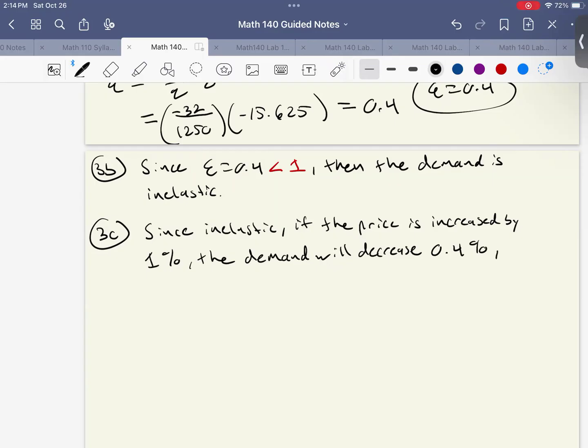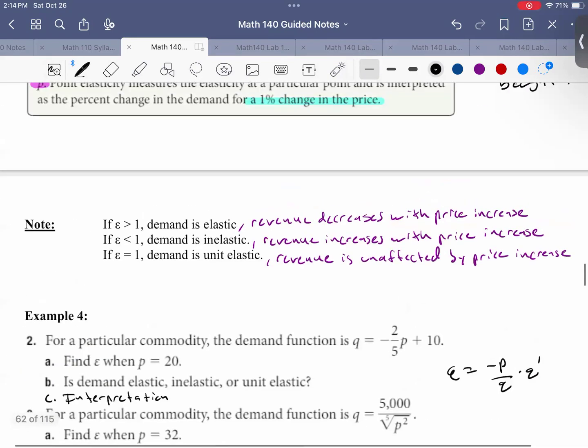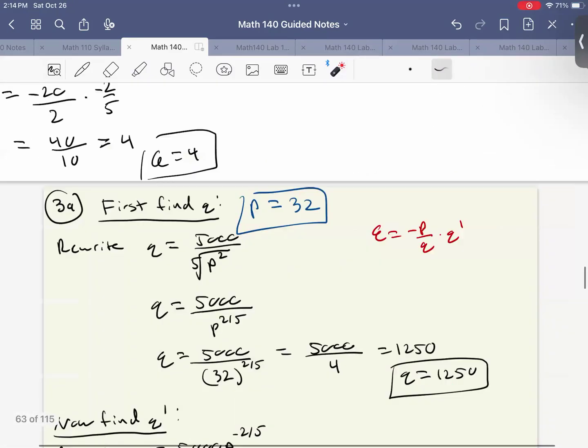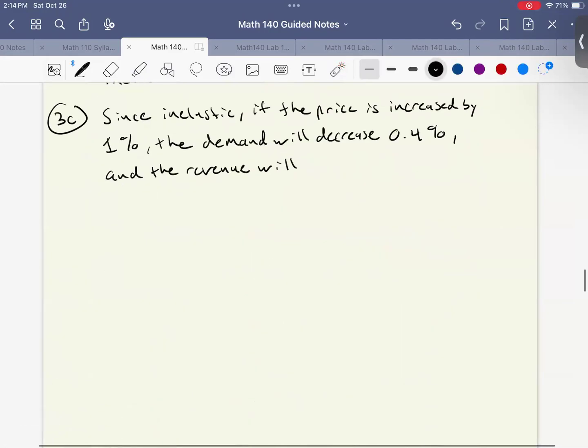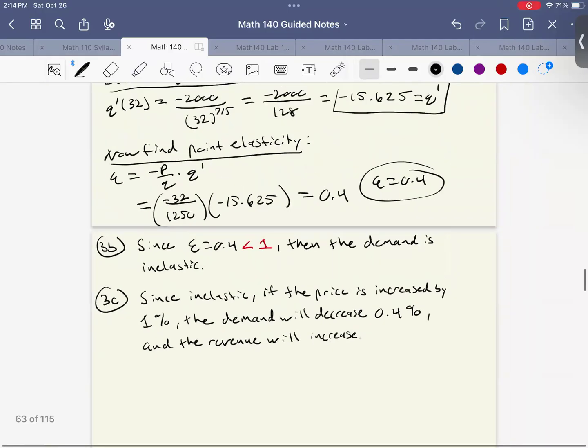But this means the revenue, what's it going to do? If it's inelastic, the revenue increases with price increase. So our revenue is going to be increasing. Okay, so that is an interpretation of an inelastic demand.